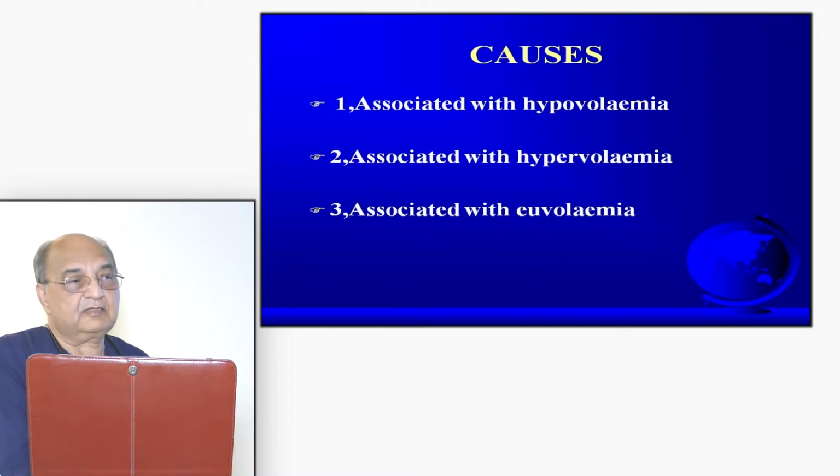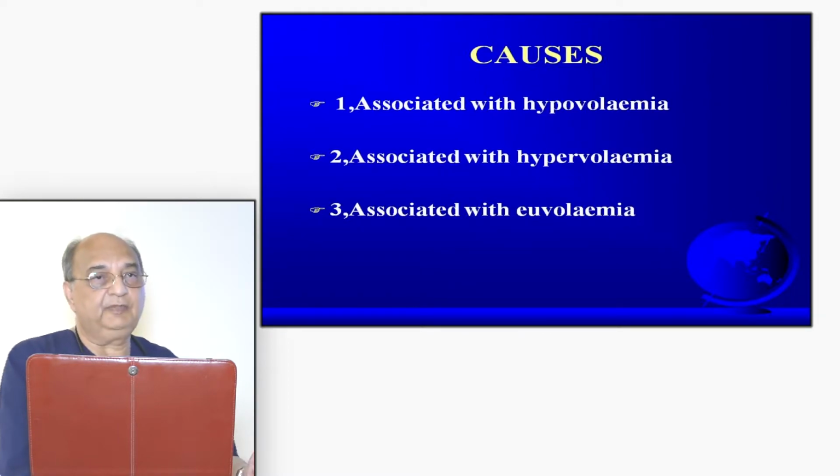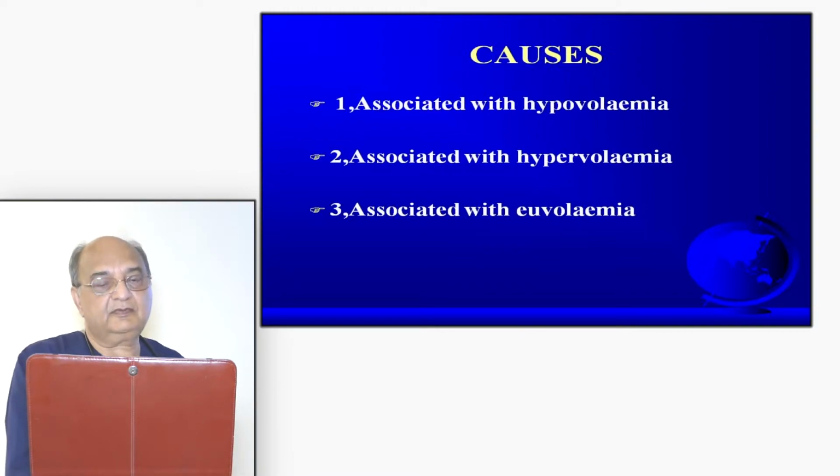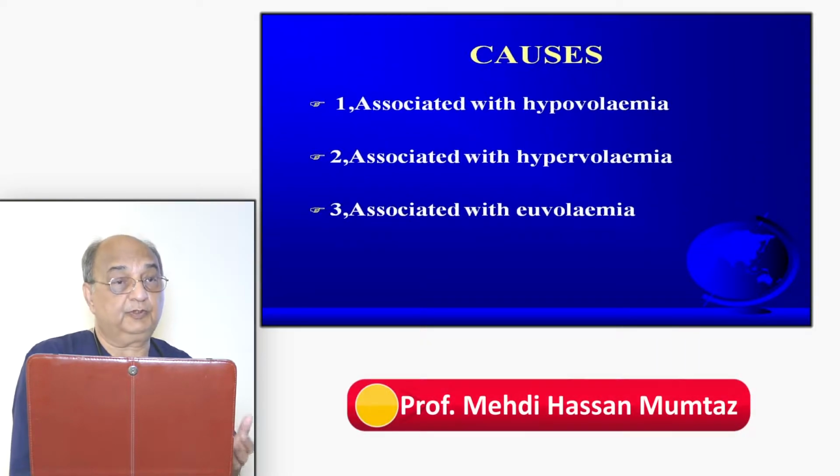There are three causes of hypernatremia. One is associated with hypovolemia, then a set of causes associated with hypervolemia, and then there are causes associated with euvolemia.